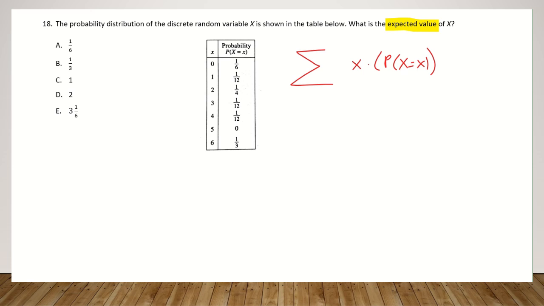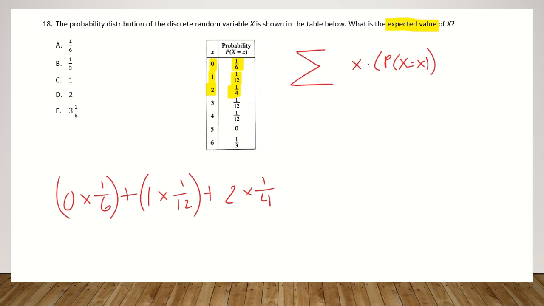So that means we're going to take each x here, like 0, and multiply it by its probability. 1, and multiply it by its probability. 2, and multiply it by its probability. And then what we're going to do, keep going, is we're going to sum them all. Okay? So we're going to add them all up.